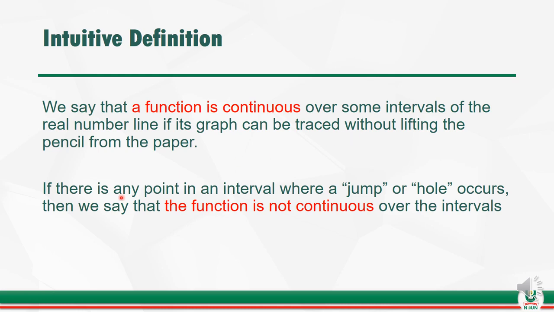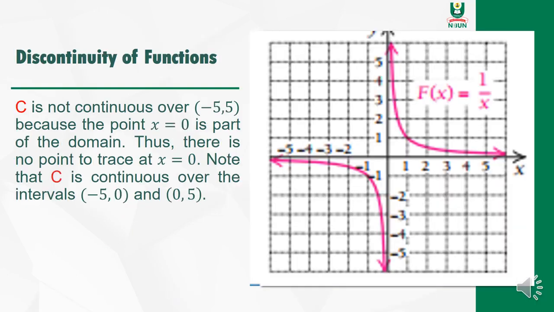If there is any point in an interval where there is a jump, and jump is very important, or we have a hole, then we say the graph or the function is not continuous over the interval. Let's illustrate discontinuity of a function, or a function that is not continuous.